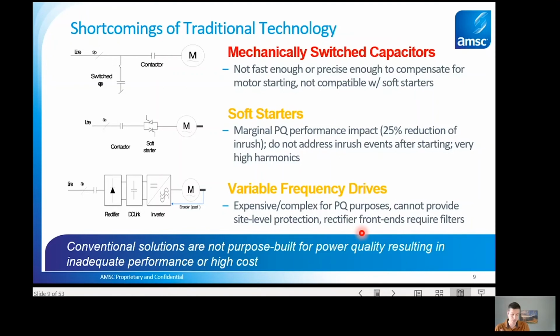So just to recap here, none of these traditional equipments were designed or intended to solve the power quality problem. It's all a side effect, and that's really the underlying reason why we still have these problems so common.